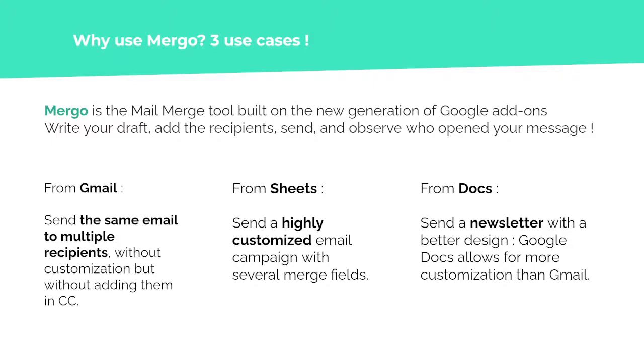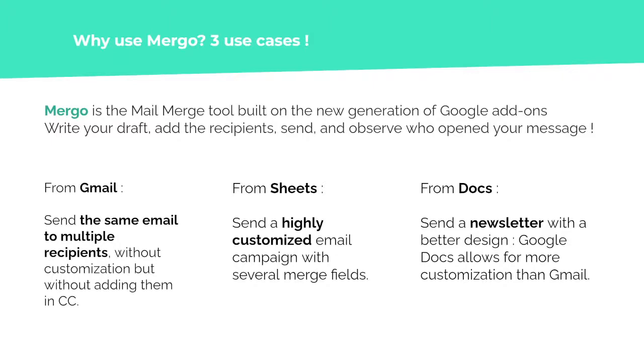We'll see that later. And it helps you send mass emails to people without having to get them all in CC, so they are all their own recipients. Okay, so that's the first way of using Mergo.